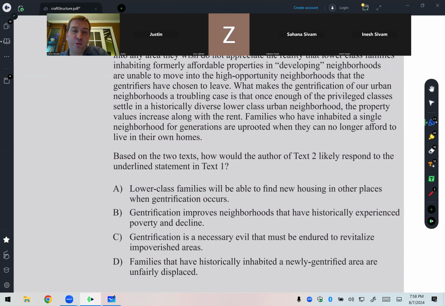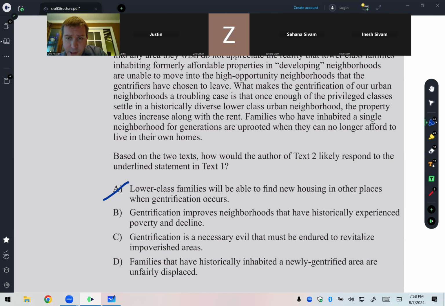Answer choice A, lower class families will be able to find new housing in other places when gentrification occurs. The second author would not agree with this statement. The second author says that lower class families are displaced and they cannot afford to live in the neighborhoods that the gentrifiers have left. So we can cross off A. What about B?